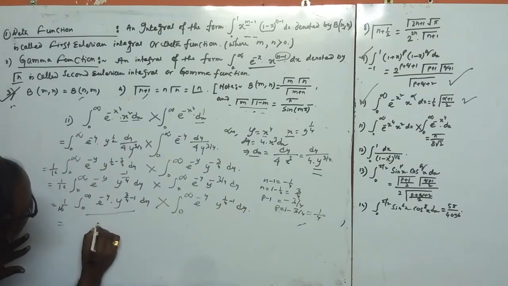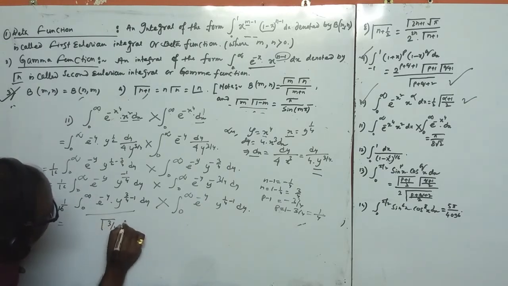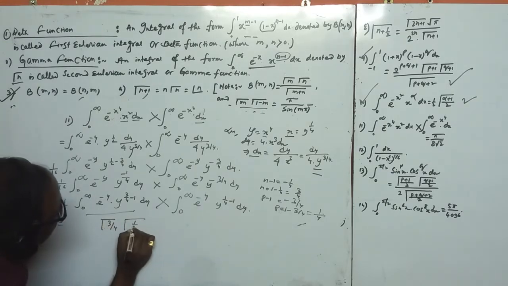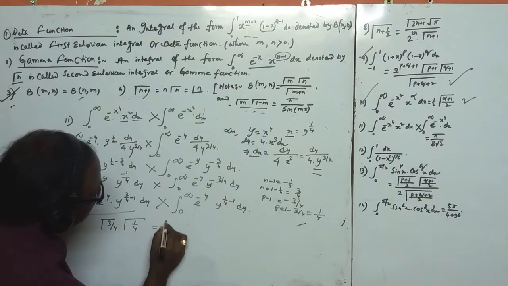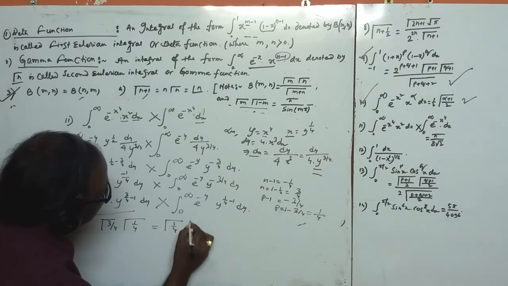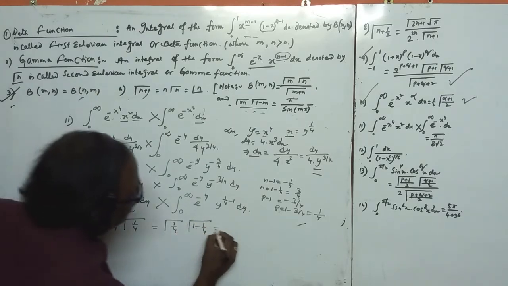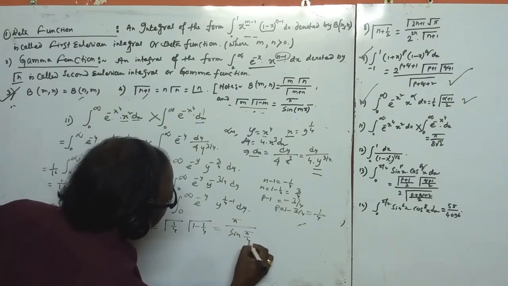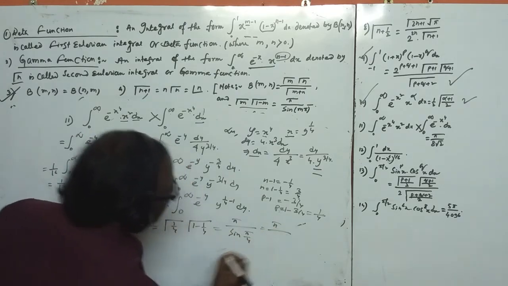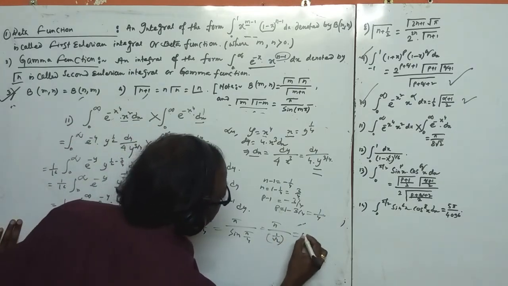From the definition, we write gamma 3 by 4 and gamma 1 by 4. This can be expressed as gamma of 1 by 4 times gamma of 1 minus 1 by 4, that means 3 by 4. That is pi by sine pi by 4, where sine pi by 4 is 1 by root 2, and that is equal to root 2 pi.